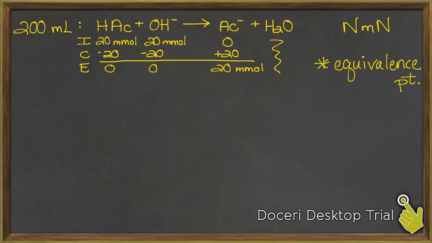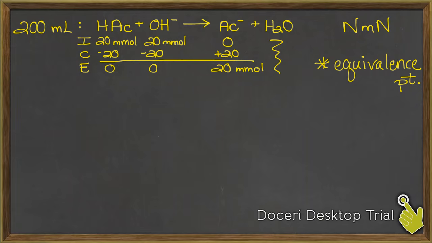Okay, when your acid and base are both completely consumed, this is where we are. And if you look at what's left at the end of this ice table, I don't have any acid, I don't have any base. The only thing I have left is AC minus, which is a conjugate base. This is not a buffer. I can't use Henderson-Hasselbalch to help me get the pH. So what do we do?